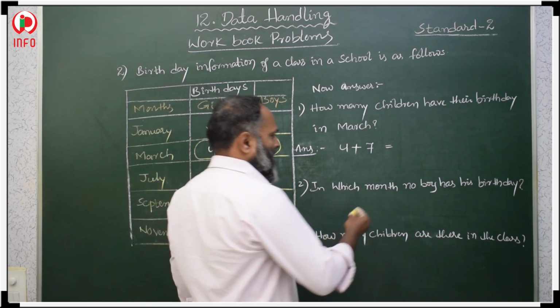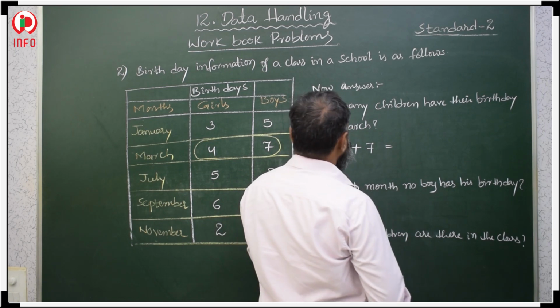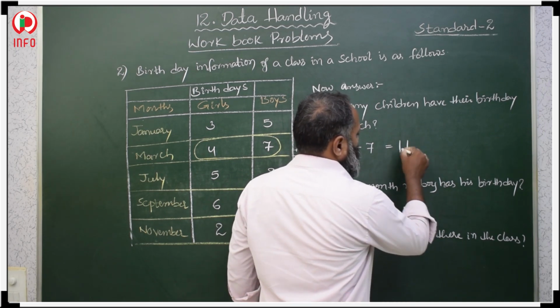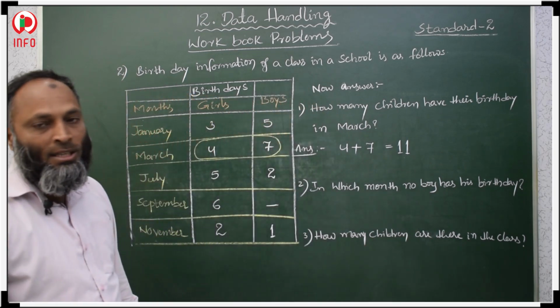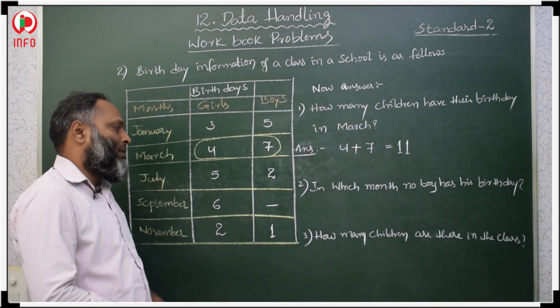The answer is 11. 11 children were born in the month of March.